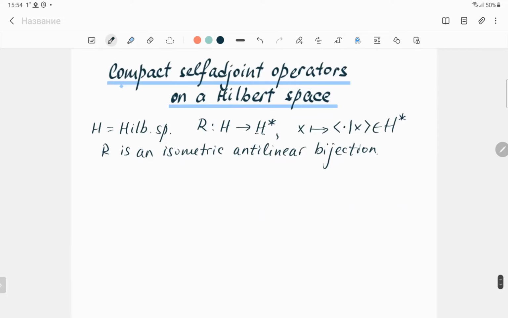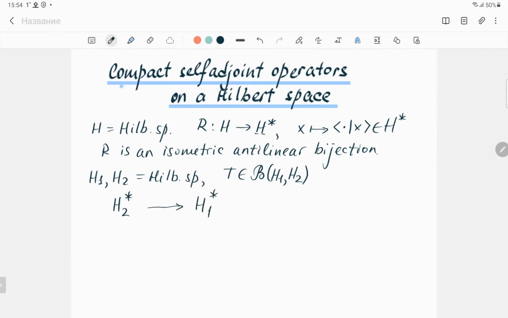Now suppose that we have two Hilbert spaces, H1 and H2. And suppose that T is a bounded linear operator from H1 to H2. Then we can consider the following picture. First of all, we have the dual operator, which acts between the dual spaces. This is T star.